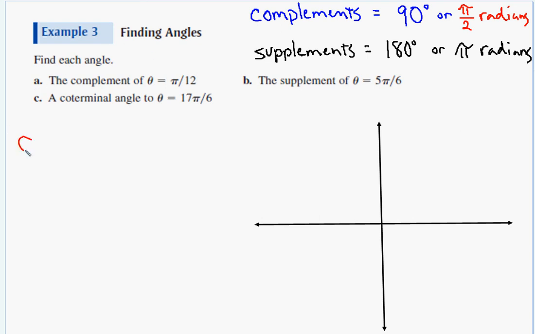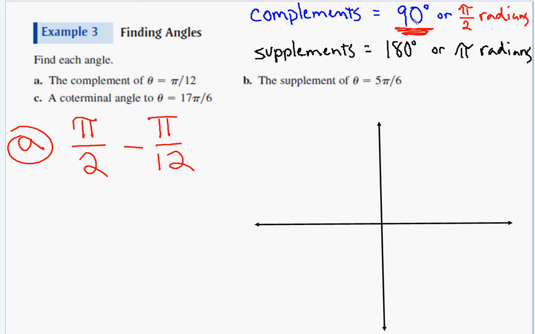So for part A here, to find the complement of this angle, complements add up to 90 degrees, or now with radians, that's pi over 2. So we're going to take pi over 2 and subtract the angle they gave us, pi over 12. Just like with degrees, we would do 90 minus the given angle. Now it's pi over 2 minus the given angle.